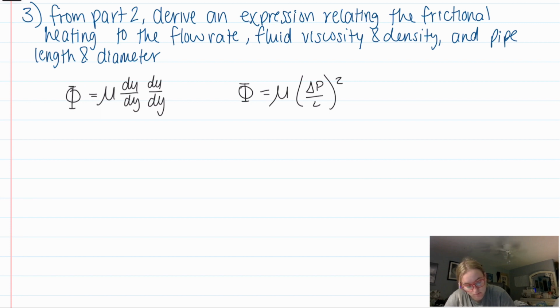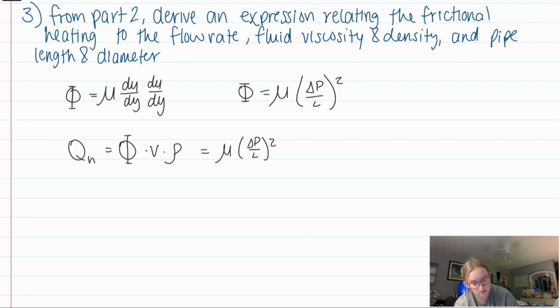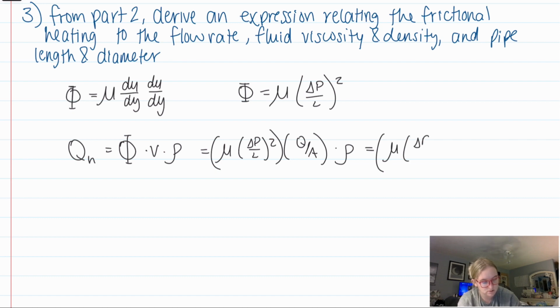So Q of H, which is equal to that, little lines, times V, times rho for density, and then substituting in our expressions, it would become mu delta P over L squared times Q over A times rho, which then can be expanded further into mu delta P over L squared times Q over pi d squared over 4 times rho.